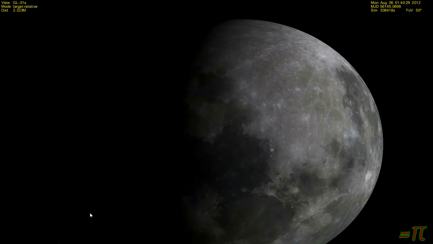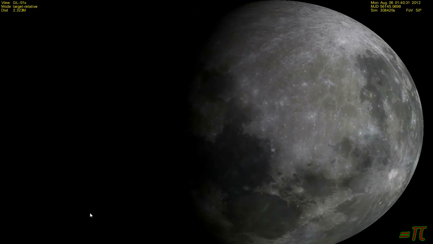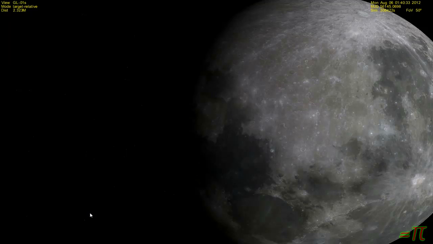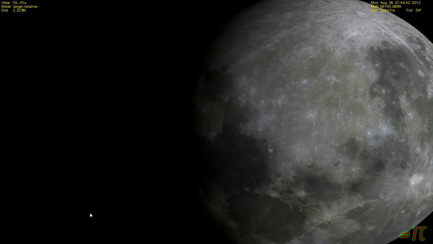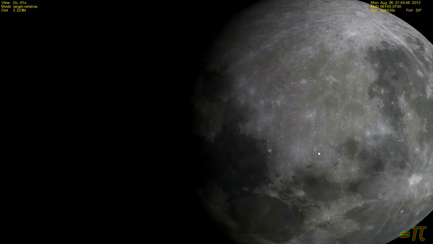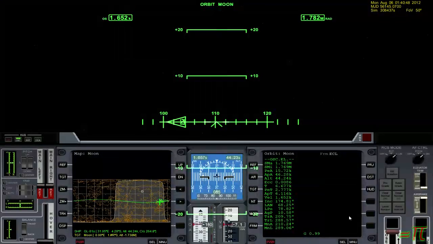I wish I could. 30 years ago I could have looked at this thing and pointed out at least 3 lunar landing sites, but not today. Okay.